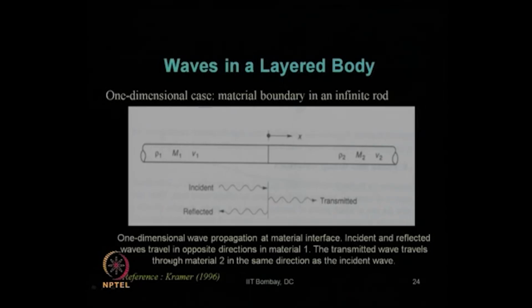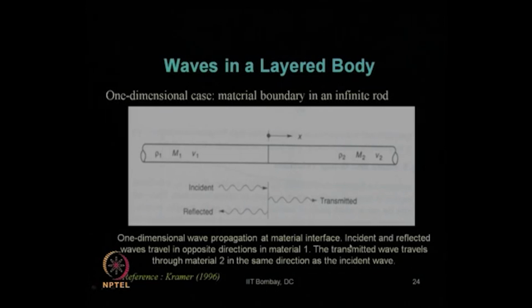Incident and reflected waves travel in opposite directions, which is quite obvious. Suppose the incident wave comes in this direction, the reflected wave has to go back in this direction. That will help us write the solution of these equations later on, because dependent on positive x direction and negative x direction, our equation form will change. The transmitted wave travels through material 2 in the same direction as the incident wave.